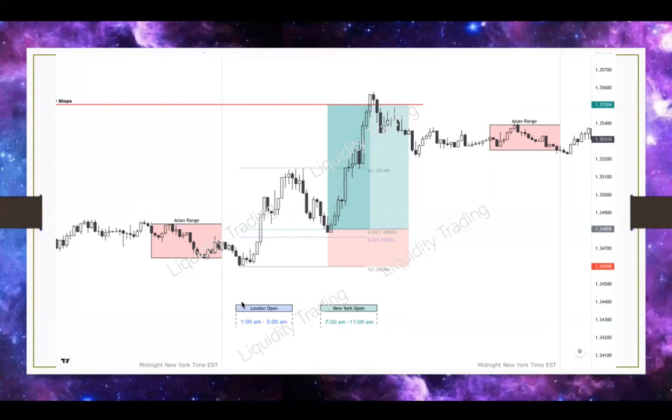So right here, we would see the market trade down a little bit below the Asia range, 1 a.m. to 5 a.m., the London Open kill zone. And notice that between 1 a.m. and 5 a.m., the market trades above the Asia range and creates the expansion.